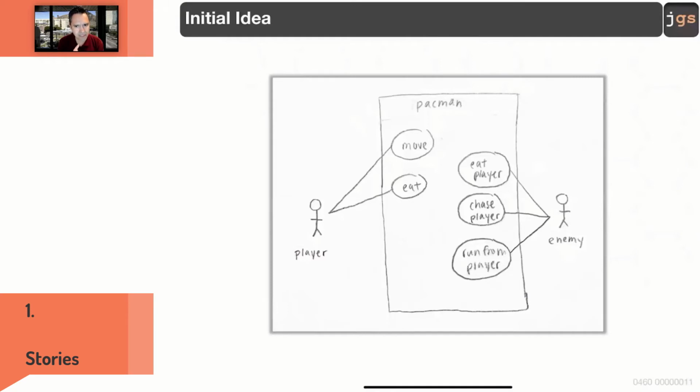And you are going to have for Pac-Man something like this. I put this as a picture of a drawing with pencil because it's not correct yet. But this is the first idea that a group of students provided. If you think about the player, it is involved in moving, eating.